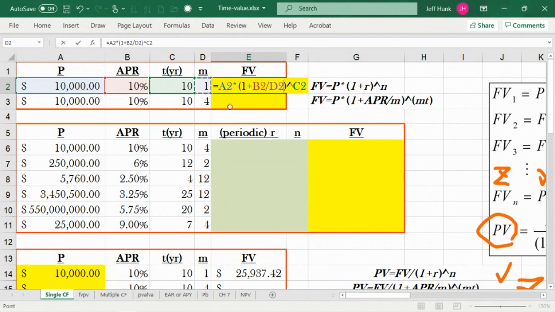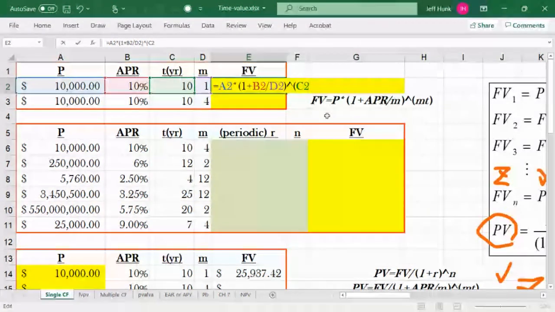But if I copy this formula to row 3, then the change will take effect. How many compoundings happen during a year? Well, compounding happens only once a year, so there's no change.